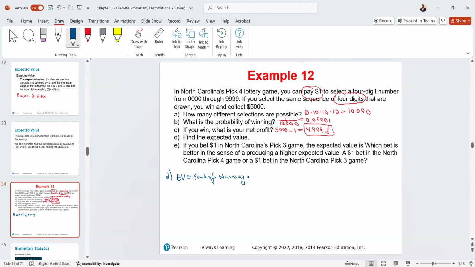If you win, what are you going to win? That would be the net profit if winning.